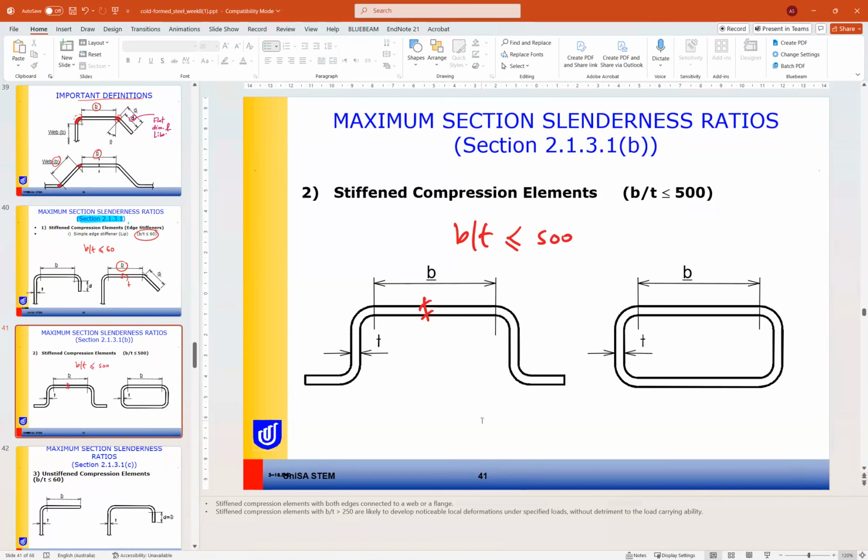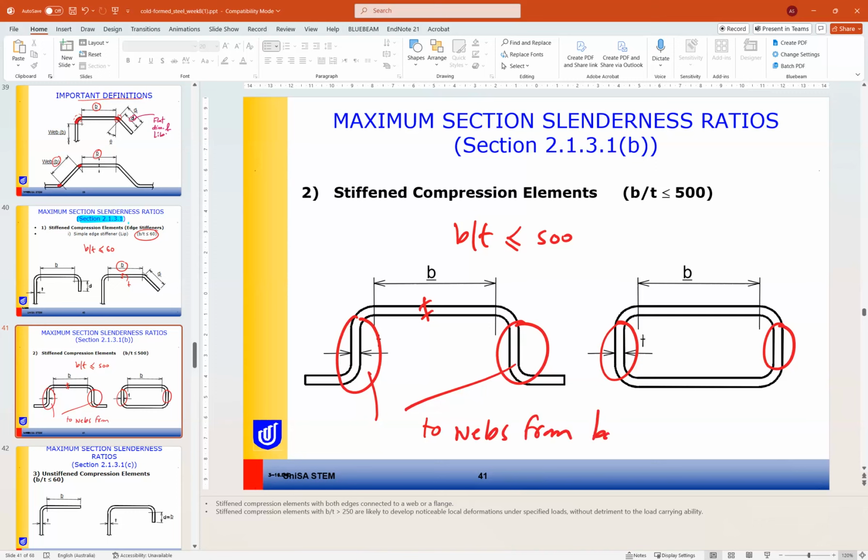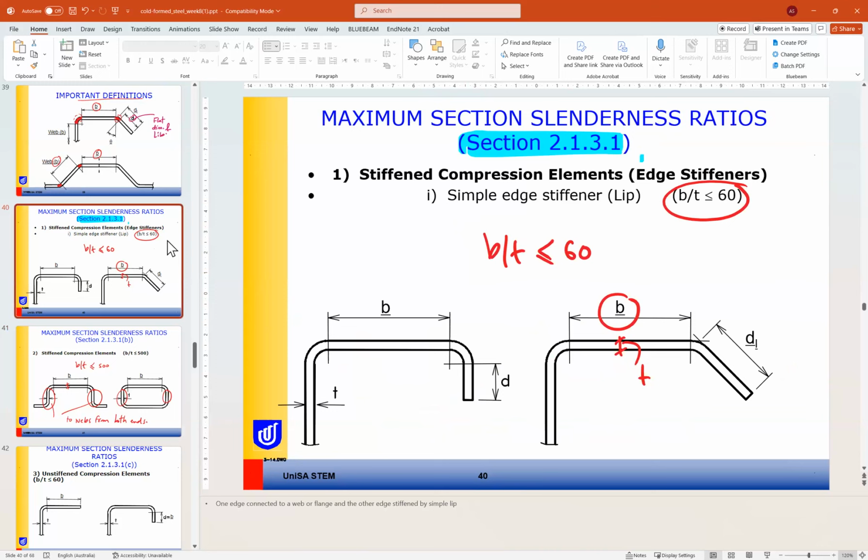So in this case, the difference is that these flanges here are connected to webs from both ends. If it is connected to webs from both ends, it will be stronger, so that it can go up to 500. Here in this case, it is connected on one edge to a lip.